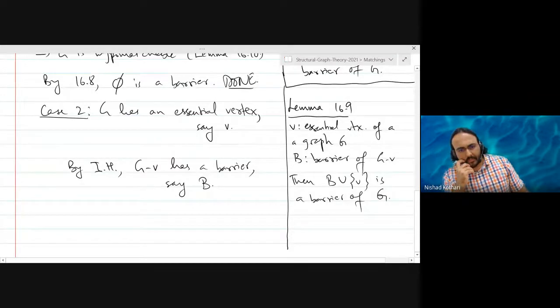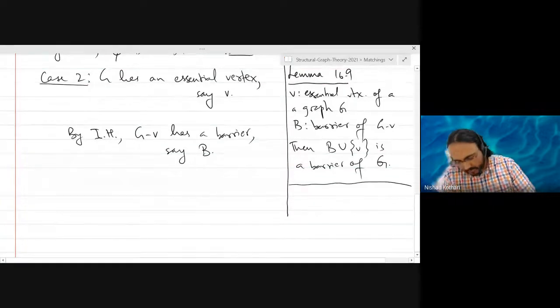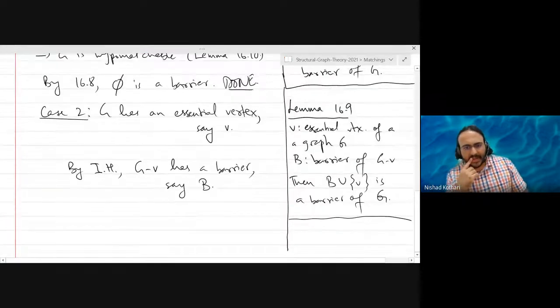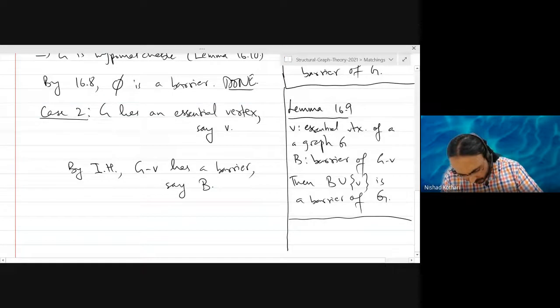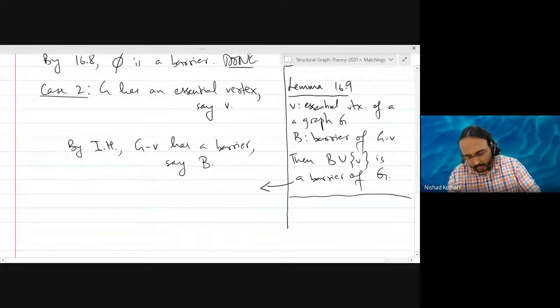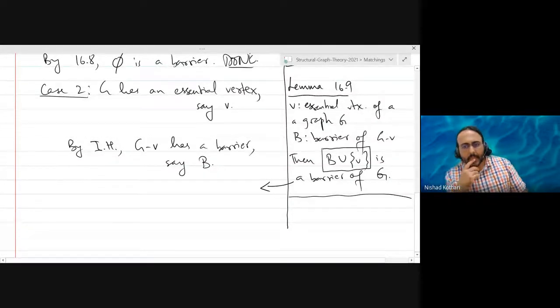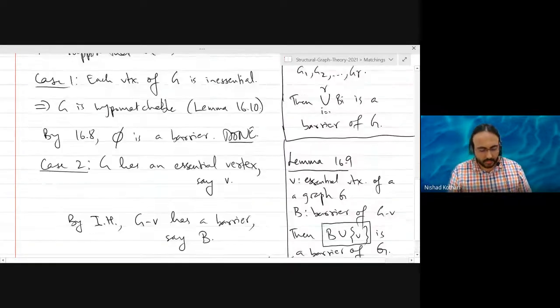Okay, so that's exactly what we are going to prove here. So that's the statement, and maybe I'll just write down the proof on this part. We want to show that this set is a barrier in the whole graph G. All right, so let's do the proof within the proof of the Tutte-Berge theorem.